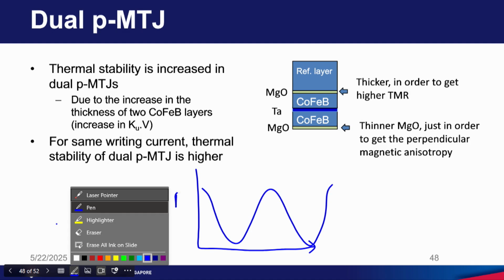When we draw the energy barrier diagram, what is your x-axis? Maybe the angle. Yes, it's the angle. Let's say this is one easy direction, this is the other easy direction. This is the energy at a hard direction. In the hard direction, the energy is high, it's not stable. So the energy barrier is basically this. You cannot talk about an energy barrier in the hard direction. In the hard direction, there is no energy barrier. It's at the highest energy.